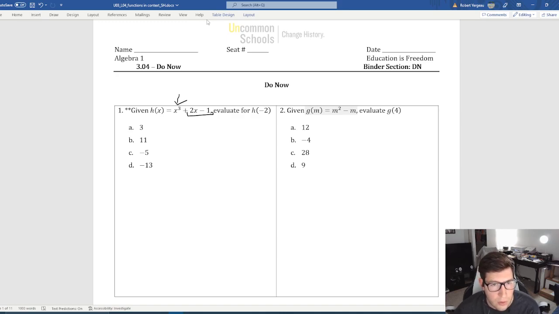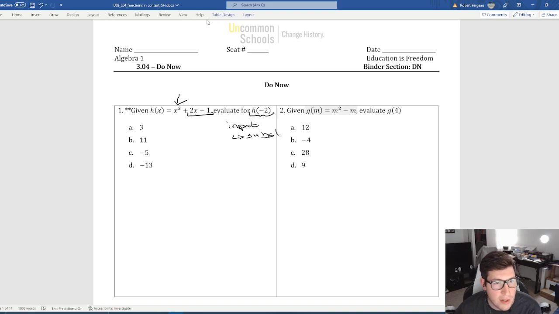And then we're being told to evaluate h of negative 2. Hopefully, especially after yesterday, we all know that when we see h of negative 2, this is an input, right? And when we have an input, as we've talked about so many times before, that means we have to use substitution. So we're going to substitute this in.